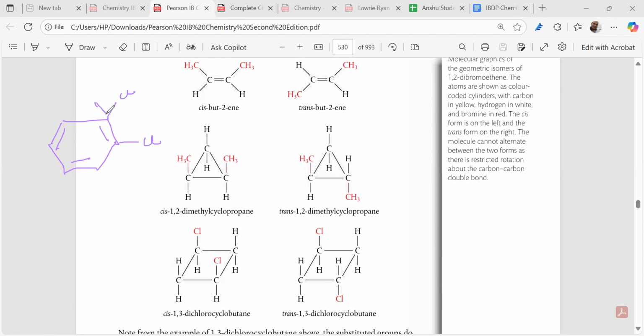Benzene, this is sp2, sp2. Suppose I'm taking this chlorine, right? It will be having the same side always, right? It cannot be this side. It can't be the opposite side.